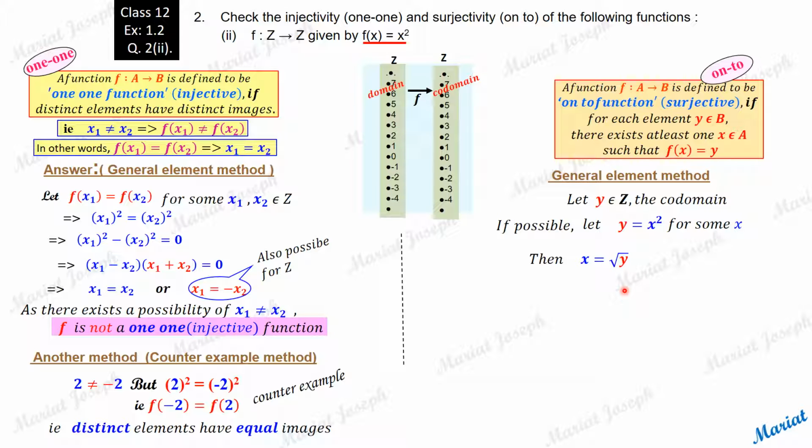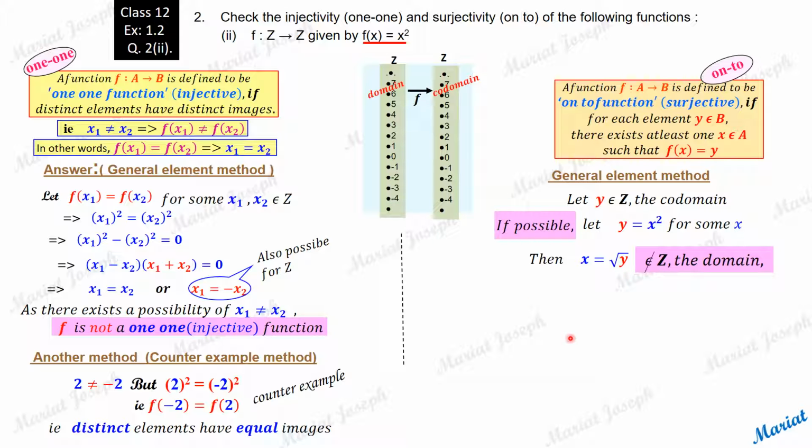Therefore, we are forced to say this root y need not belong to the domain. So, that chance that we tried, if possible, let it be so, is not going okay. It's not possible for an x in the domain.